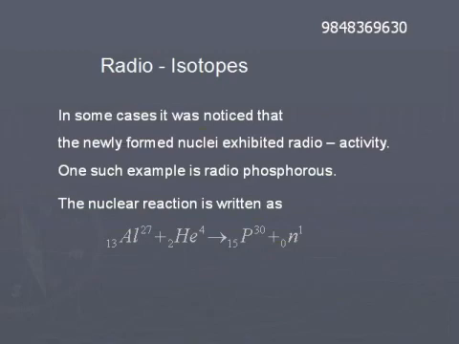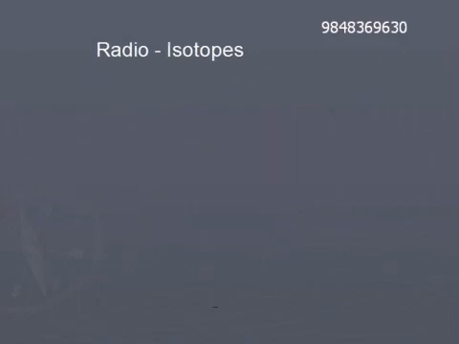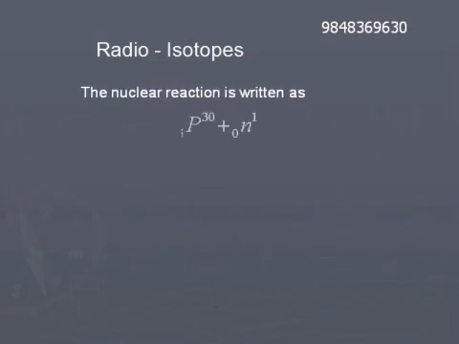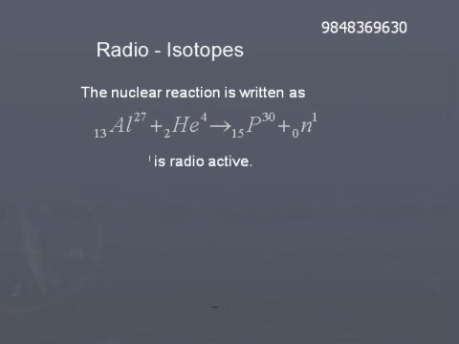The nuclear reaction for radiophosphorus can be written as aluminium 13Al27 plus alpha particle 2He4 gives rise to phosphorus 15P30 plus neutron 0n1. Here phosphorus 15P30 is an isotope of phosphorus. It is radioactive. Its half-life is only 3.25 minutes.